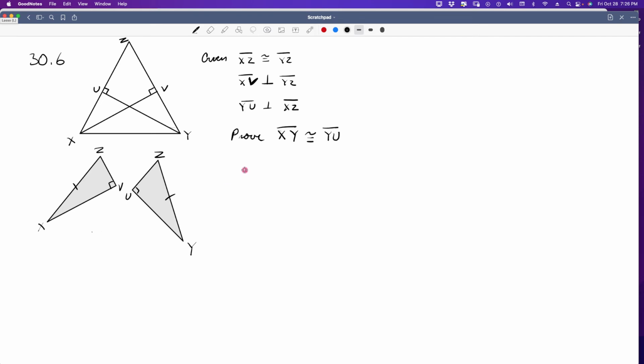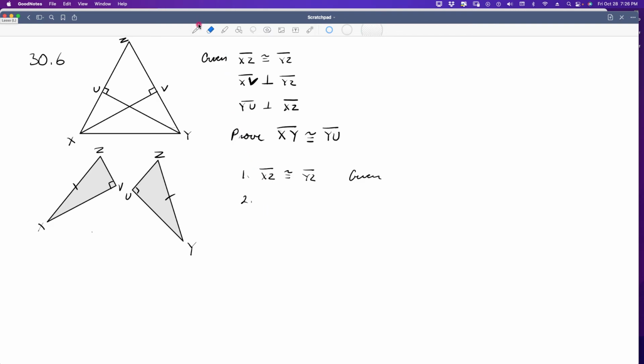So number one, XZ is congruent to YZ, and that's a given. And then number two, I have XV is... actually, no, I'm not going to do that one.